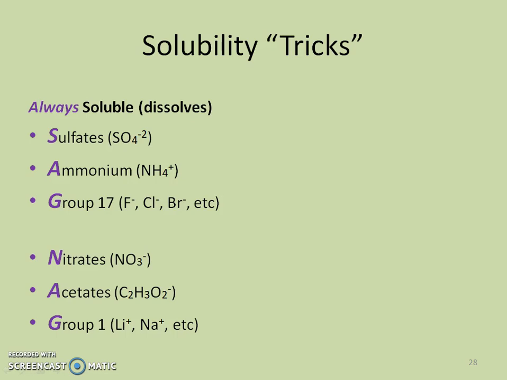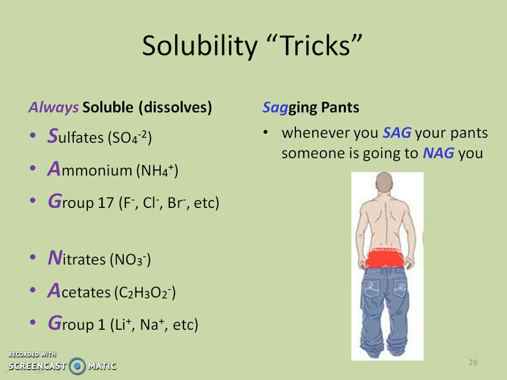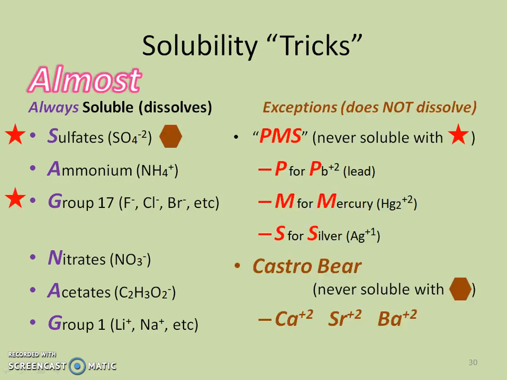So here are some solubility tricks that I will put around the room. So, SAG NAG. Whenever you sag your pants, someone is going to nag you. So again, if you have a compound with sulfate, those should be soluble. If you have a compound with group 17 ions, those will be soluble, and so on. However, just like everything else, there are always exceptions to the rules. So almost all sulfates are soluble.